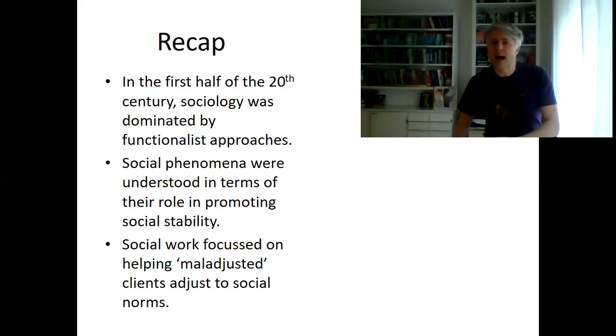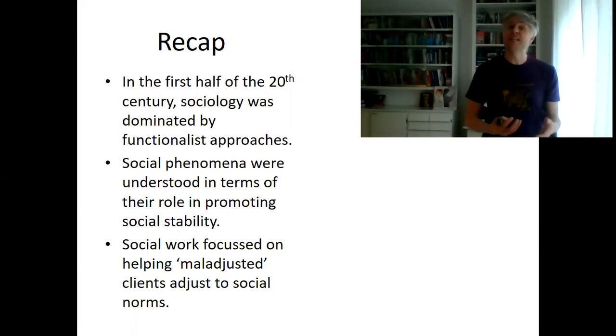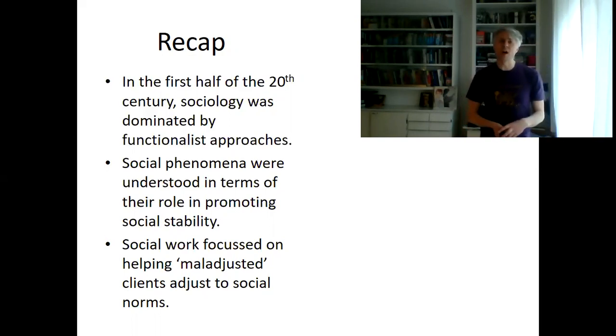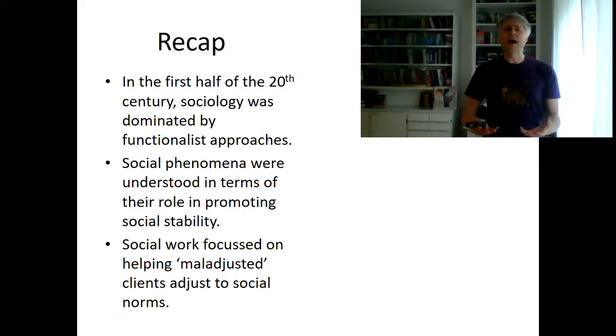They were somehow badly adjusted, not fitting in to their social environment. And the work with the client would be to effectively change the client to make the client fit in better. I invited you to think about that. That was social work of the 1950s. Was it okay? Does that match our values as social workers in the 21st century? Hold on to that idea.